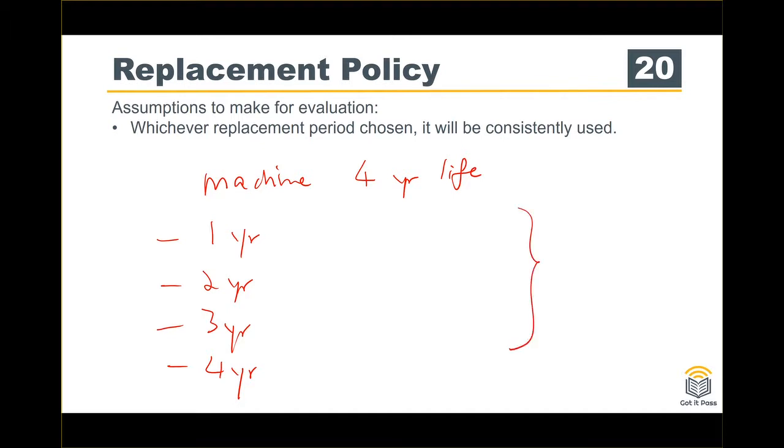For these 4 different policies, you have to evaluate the policies over 12 years, because 12 years is the common factor for all these 4 policies.